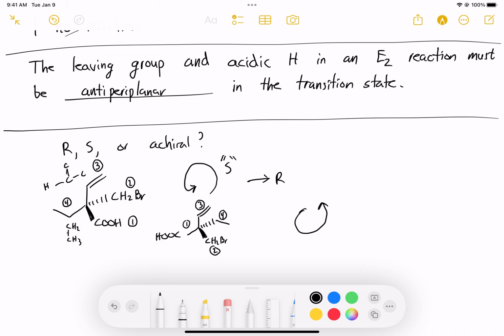I'm just rotating all three substituents, so I should get the same stereocenter. But if I switch priorities, it'll be S, so that can't be right. But why am I getting these substituents mixed up? This should work.